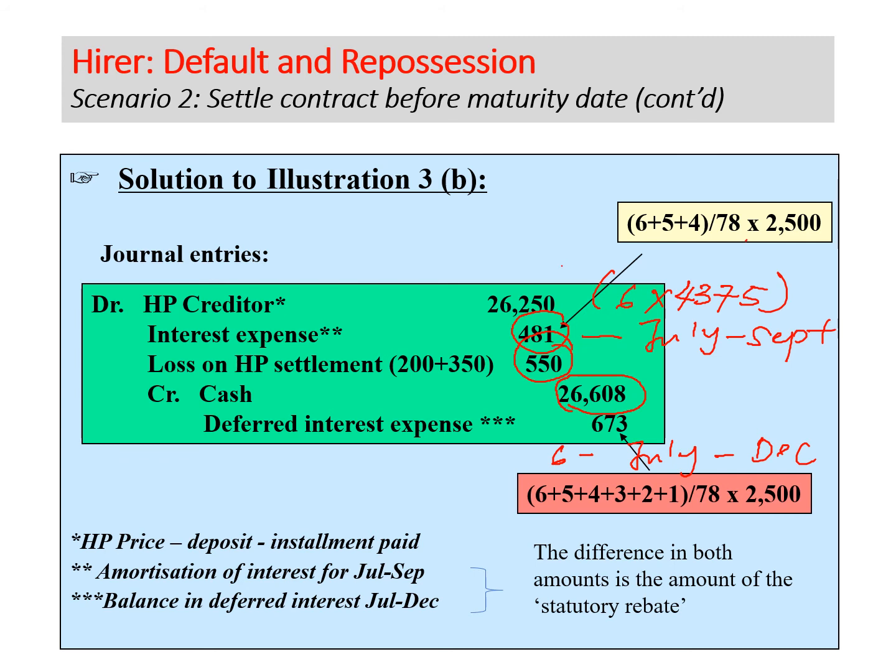So if you use the sum of the years digit method, you would add 6 plus 5 plus 4 plus 3 plus 2 plus 1 for July until December interest. Then you divide with the sum of the number of months of the HP agreement, which is 78, and you times with the total interest of 2500, you will get the deferred interest expense of 673.